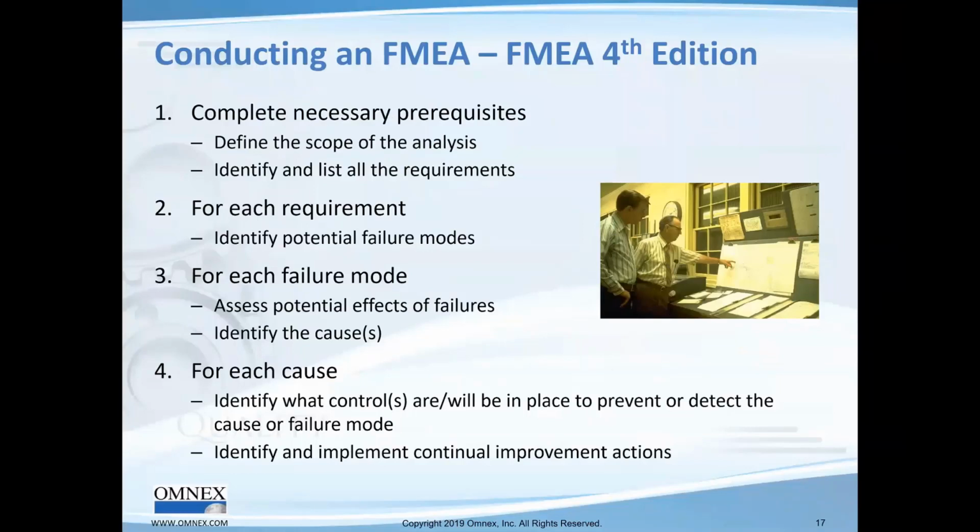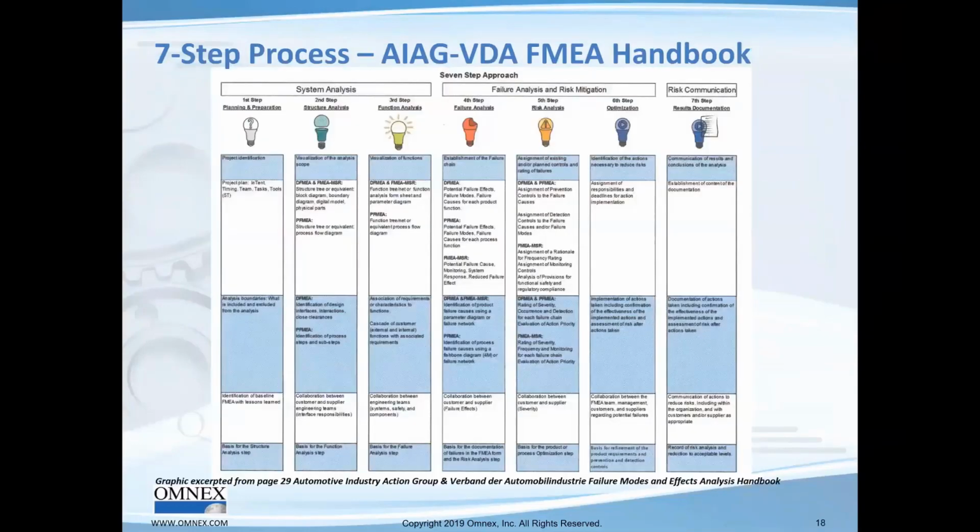All right. And then for each cause, you look at the preventive and detective controls and identify and implement continual improvement. So in fact, we identify the effect of the failure after we do step 4. Of course, you can do it any place you want to, but that's typically what the Omnex facilitators did.